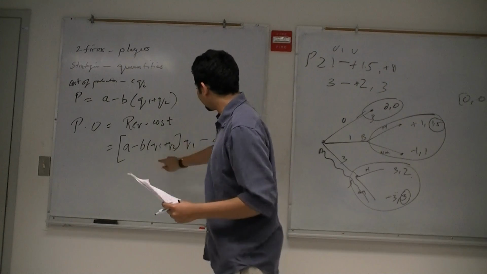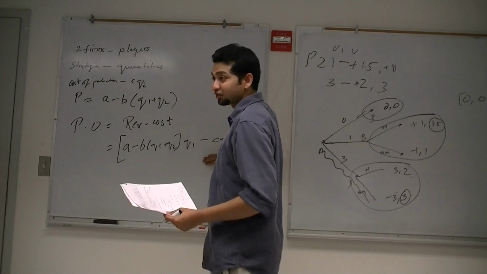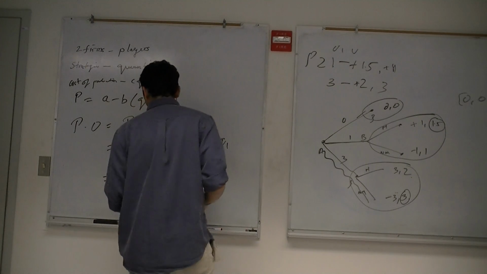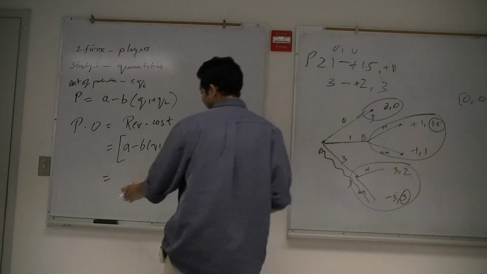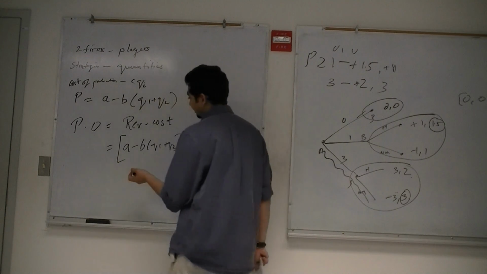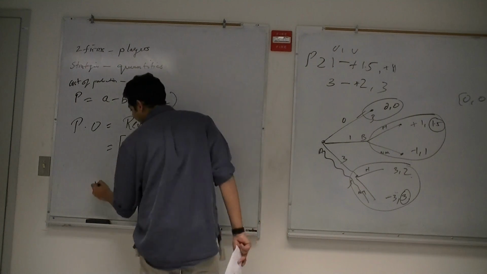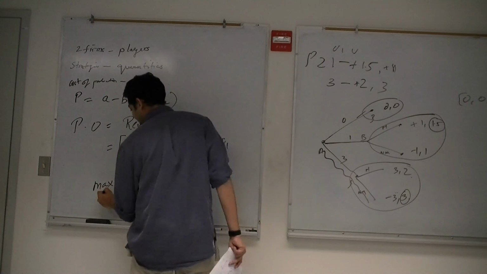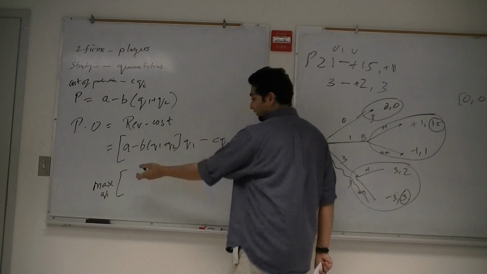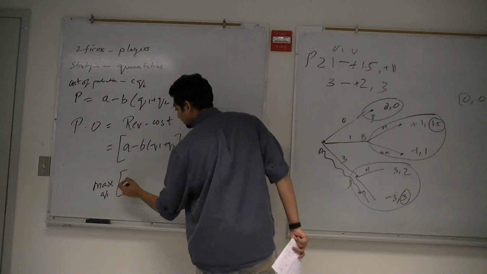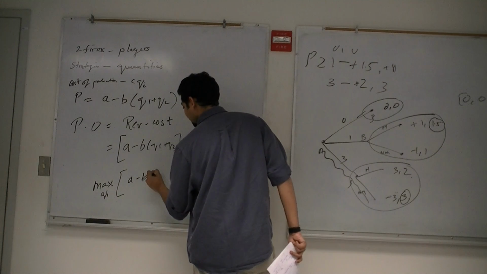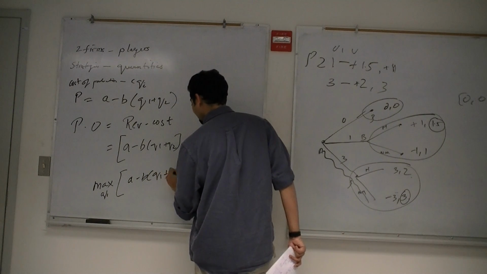So the price times the quantity they produce, minus the cost of production. They would try to maximize their profits. Let's consider company 1: maximize their profits with respect to q1.